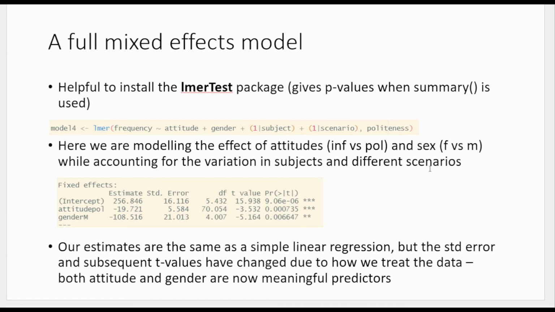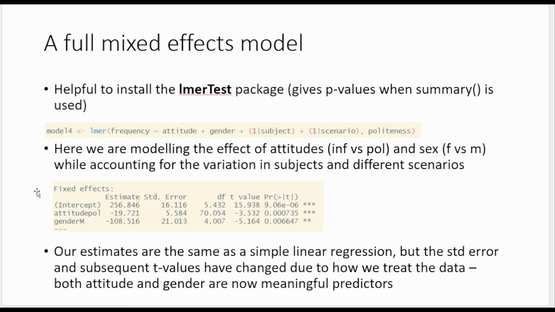But this is a good model in terms of treating the data as it is organically, as opposed to doing some type of transformations which are not appropriate to the structure, right? So just looking at our fixed effects only, we can see that now our attitude variable has changed. So based on whether a participant is being polite or informal, there is a substantial difference, in this case, a reduction in pitch frequency.